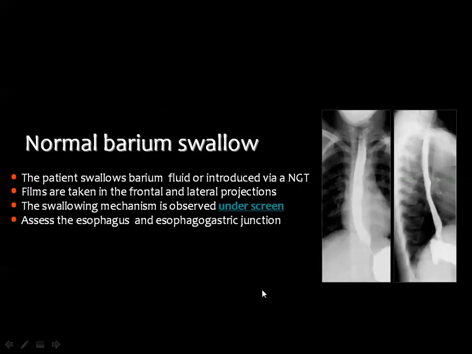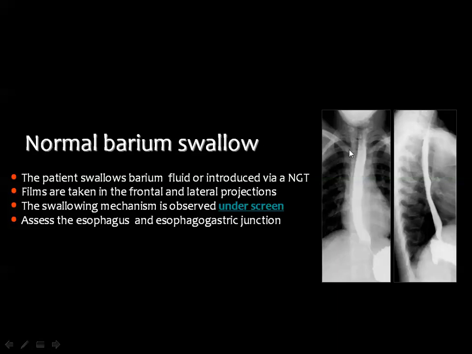Then we start the evaluation of the esophagus. The examination of the esophagus by the barium is known as barium swallow, and we may introduce barium through the nasogastric tube, put in the proximal part of the esophagus, then we inject barium, or if the child can swallow, we can give him the barium preparation so he can swallow.